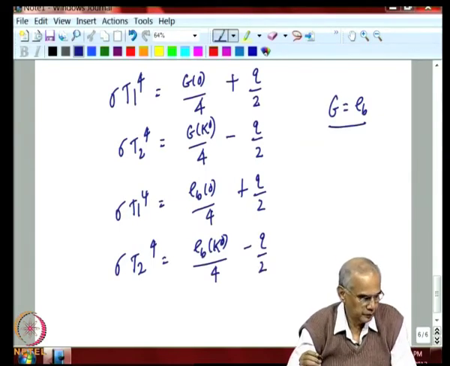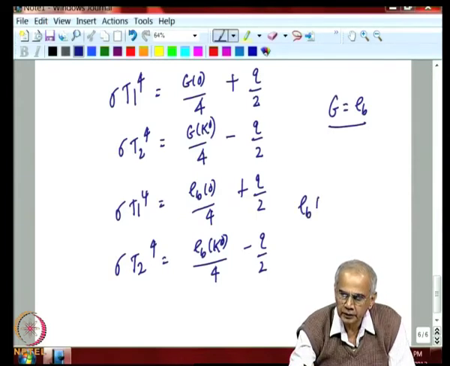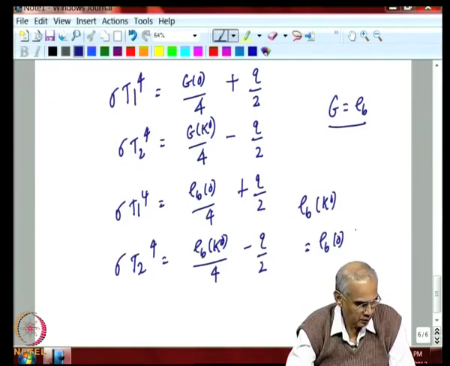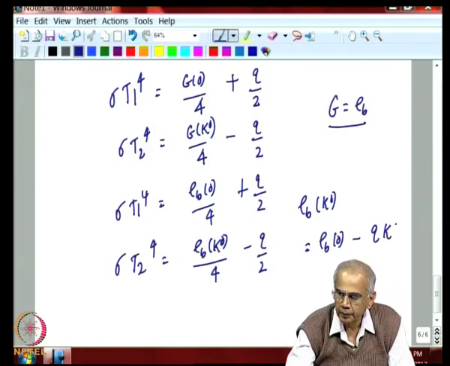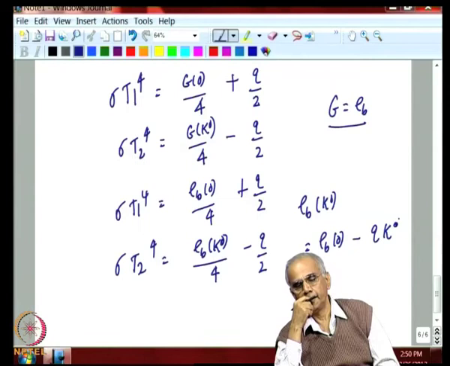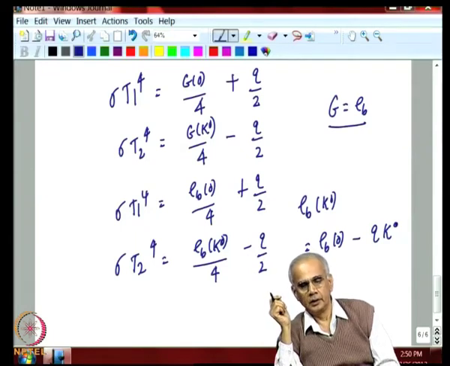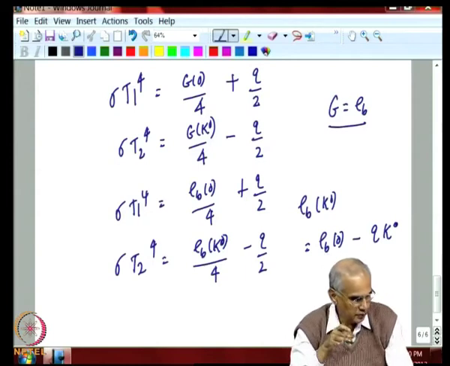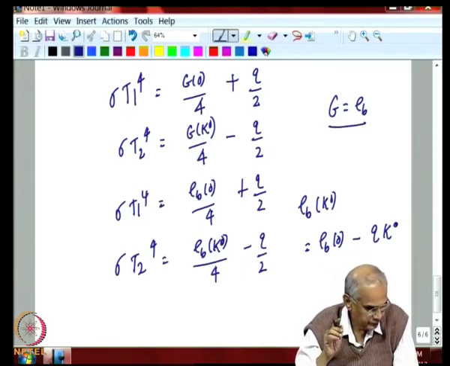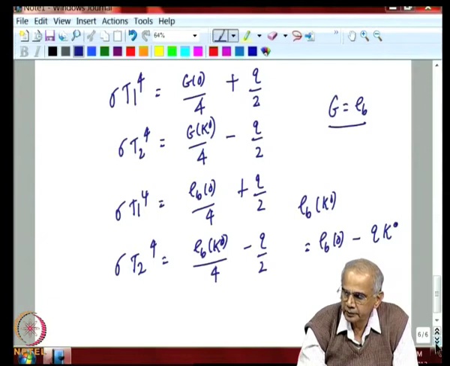We also know from the solution of the equation that E b of kappa 0 is equal to E b of 0 plus or minus Q into kappa 0. This is coming from the direct solution of the radiative transfer equation.